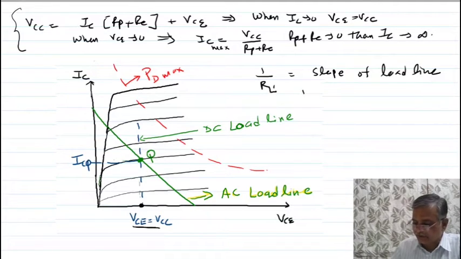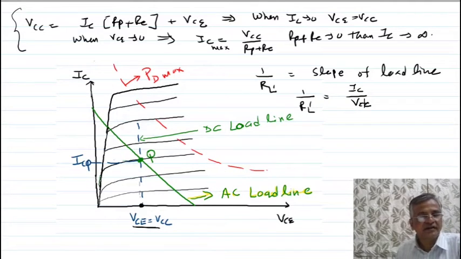So it is nothing but 1 upon RL dash, which is current upon voltage. Remember now.